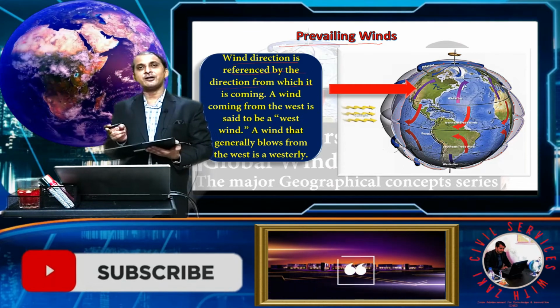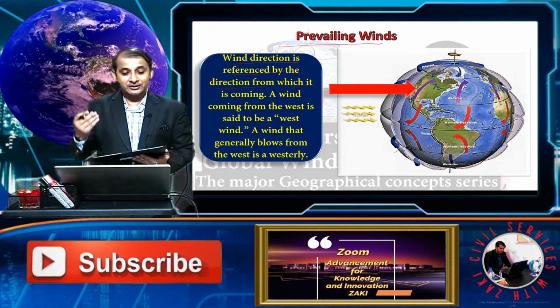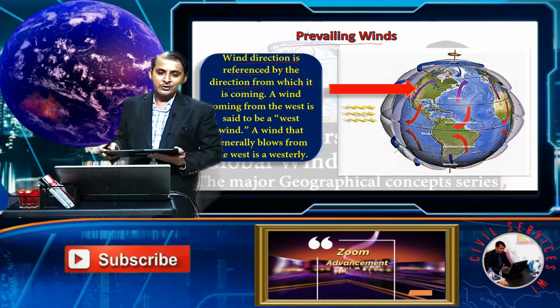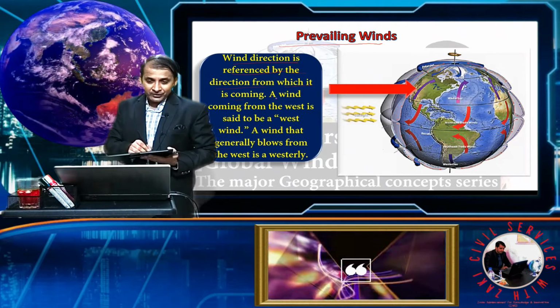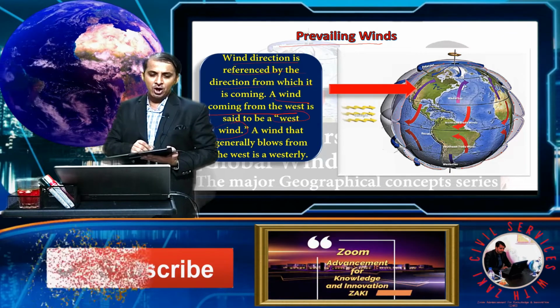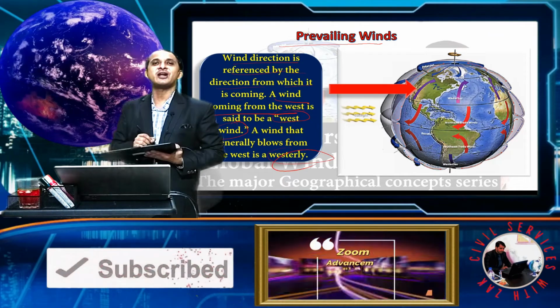The direction of the wind determines the name of the wind, like westerly, easterly, and polar easterly. A wind coming from the west is said to be a west wind, or a wind that generally blows from the west is commonly called a westerly wind.